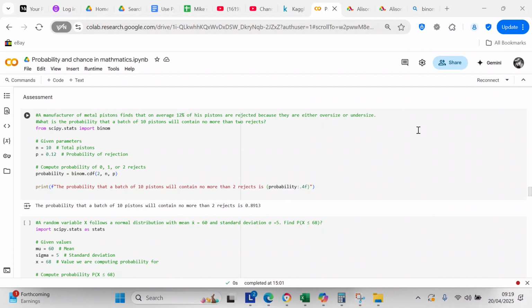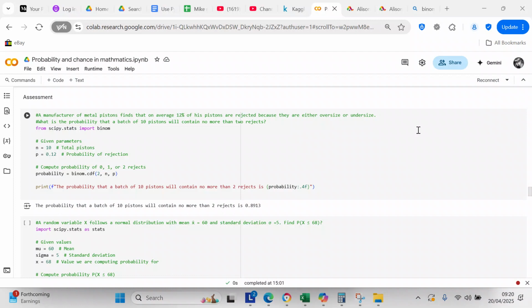We have a manufacturer of metal pistons who finds that on average 12% of his pistons are rejected because they are either oversized or undersized. What is the probability that a batch of 10 pistons will contain no more than 2 rejects? First, we're going to use the Python scientific library SciPy.